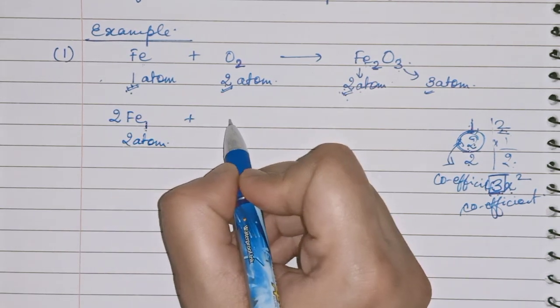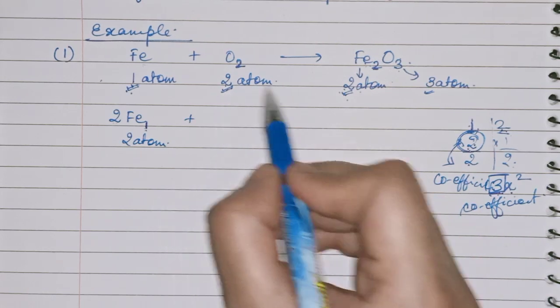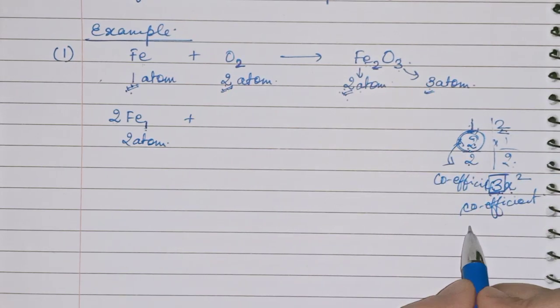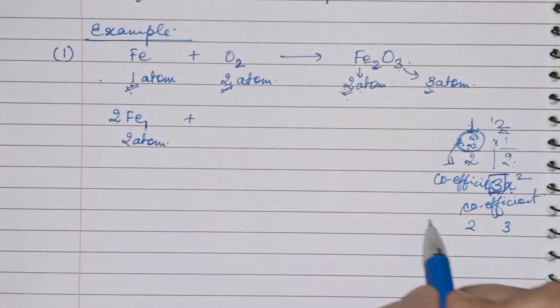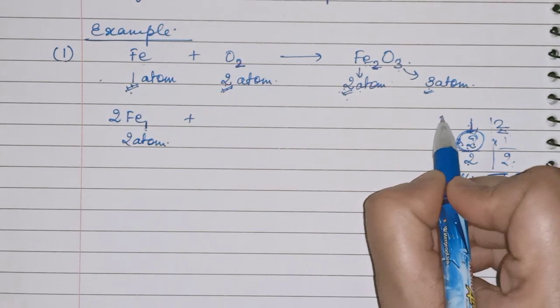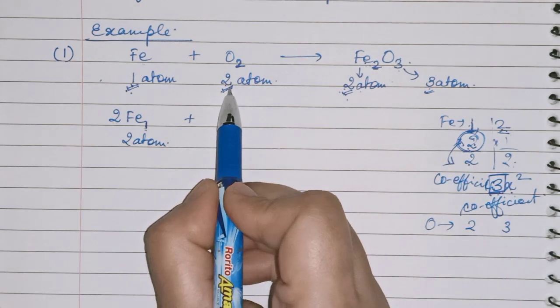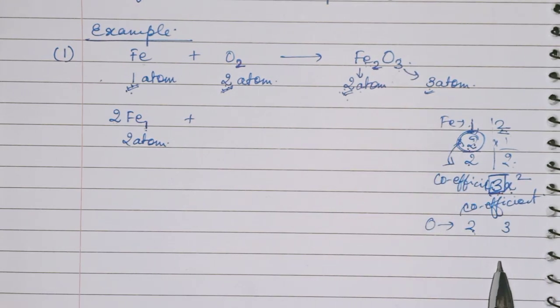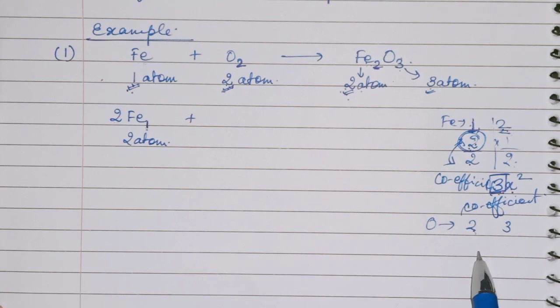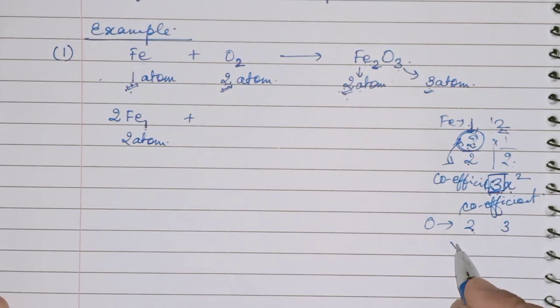Plus oxygen, here it is 2, here it is 3. So how will you make 2 and 3 equal? For iron you did this, and for oxygen it is 2 here and 3 on this side. So choose a number so that both sides will be equal.